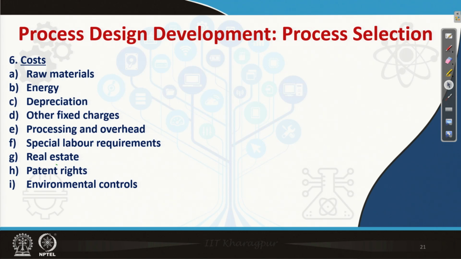Cost will of course have a major influence on selection of process: cost of raw materials, cost of energy, depreciation, other fixed charges, processing and overhead charges, special labor requirements, real estate cost, patent rights, environmental controls, etc.